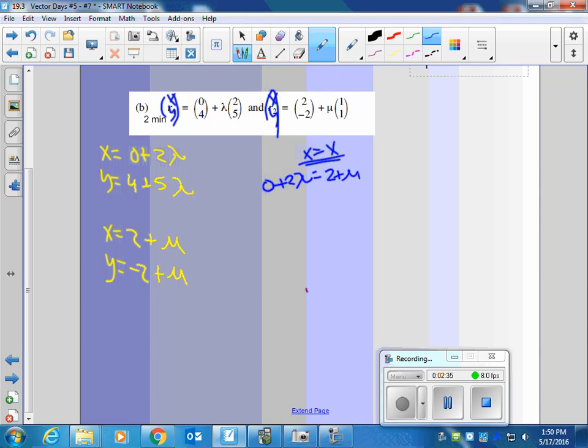Or you could just say 2 lambda equals 2 plus mu. Then we'll do y equal y. And I have 4 plus 5 lambda equals negative 2 plus mu. So 5 lambda equals negative 6 plus mu.